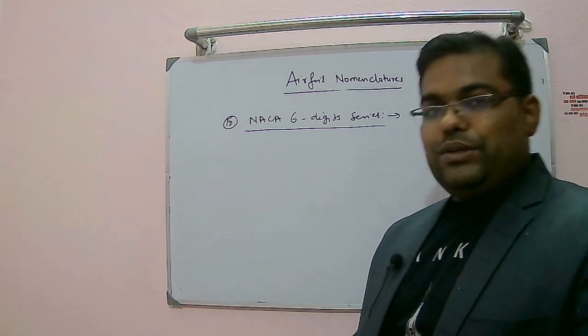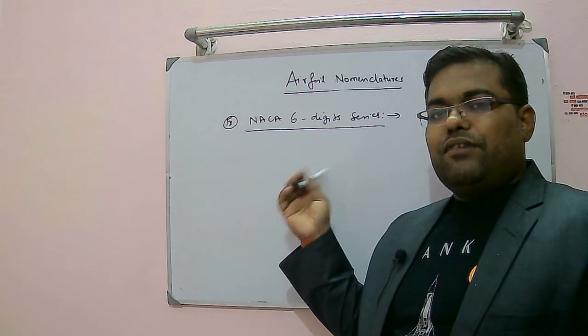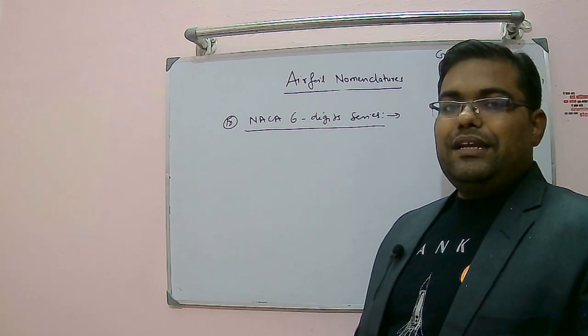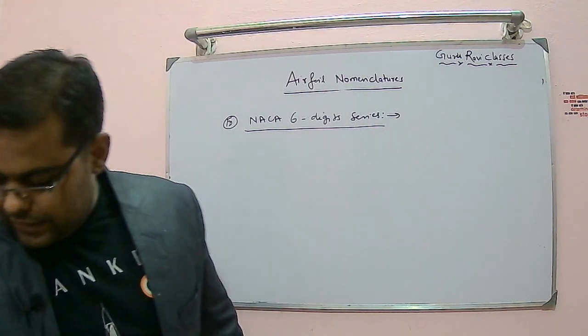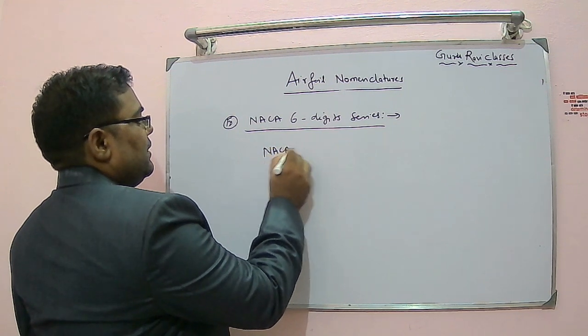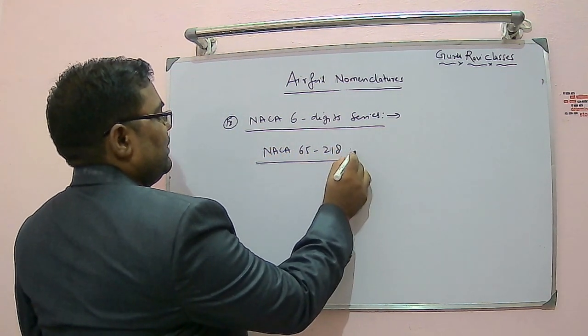These are also known as laminar flow airfoils. I will take one example of a 6-digit airfoil, NACA 65218.